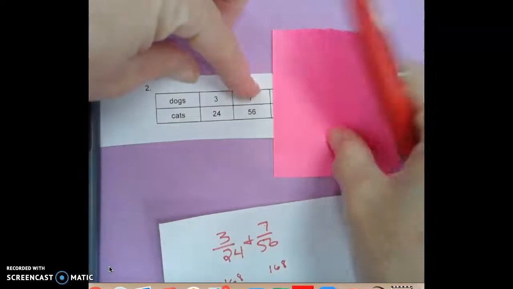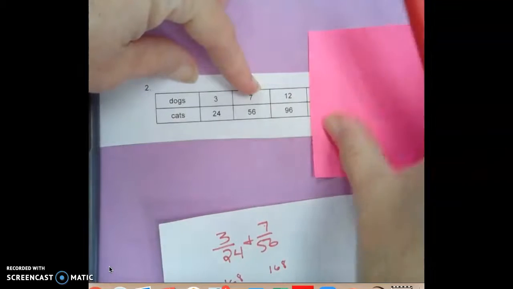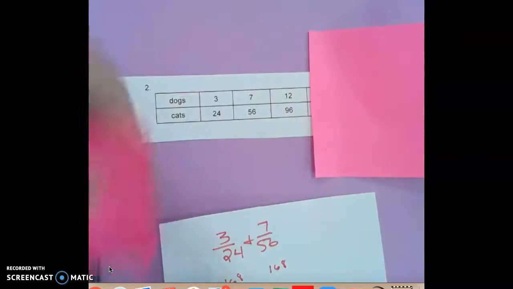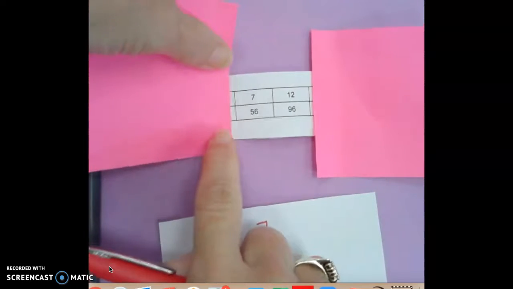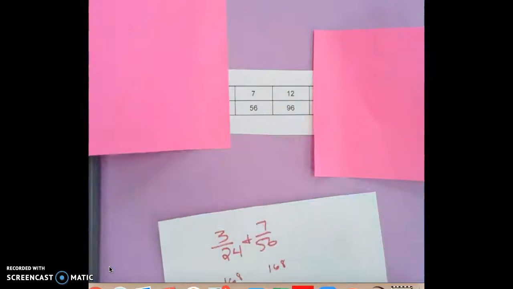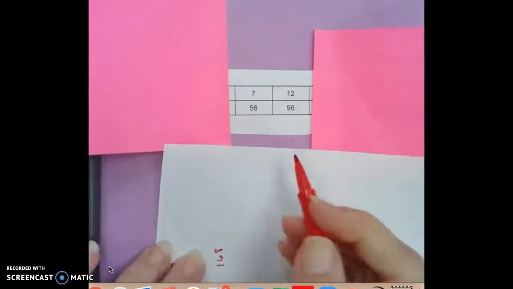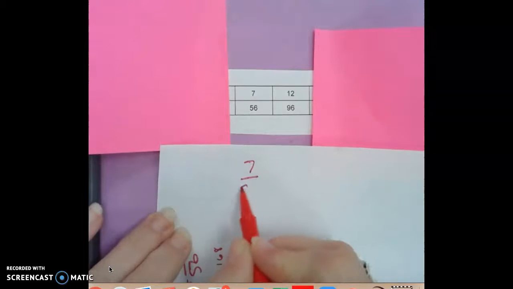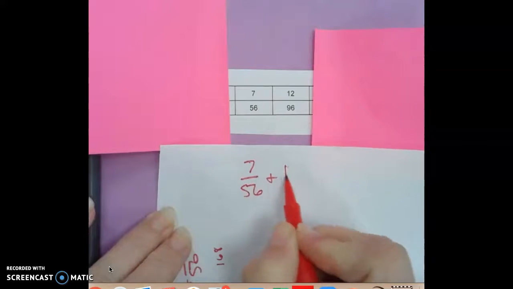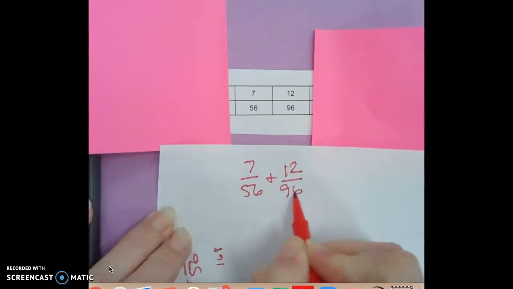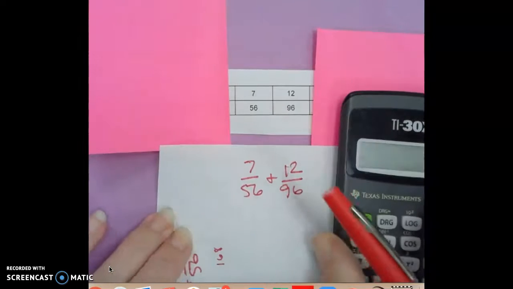So then I could go to the next part. I'm going to go over one and cover this one up. So I have to go proportion by proportion. So 7 over 56 and 12 over 96.